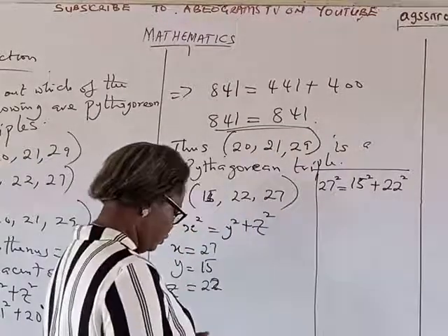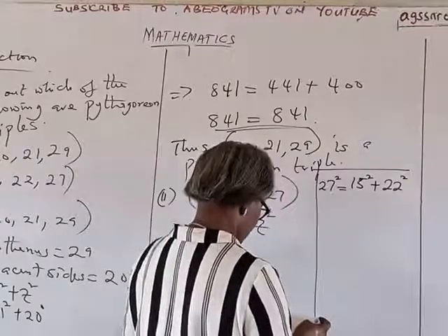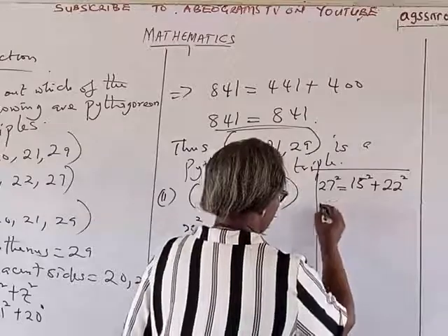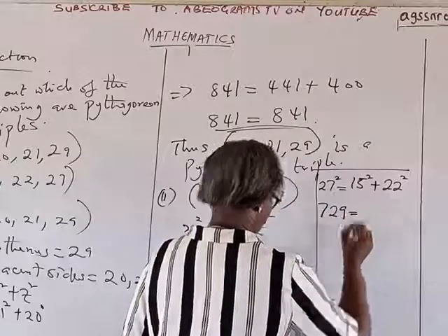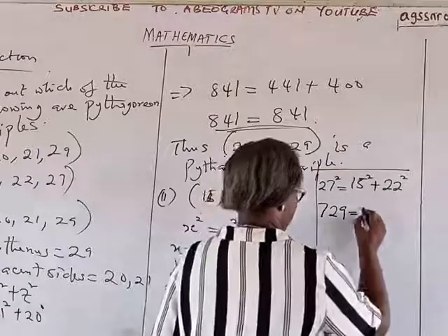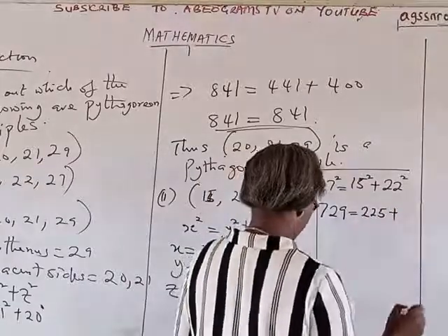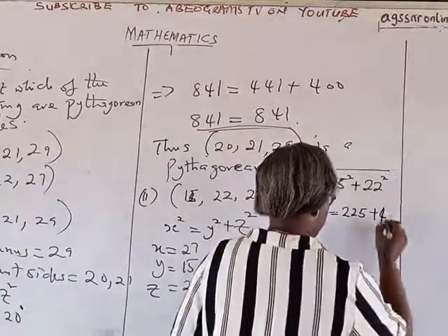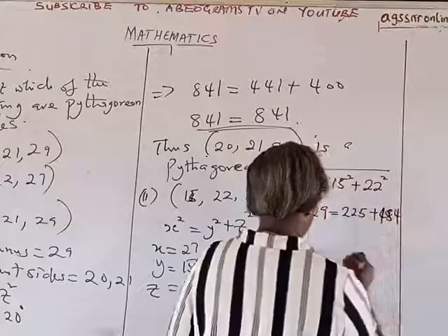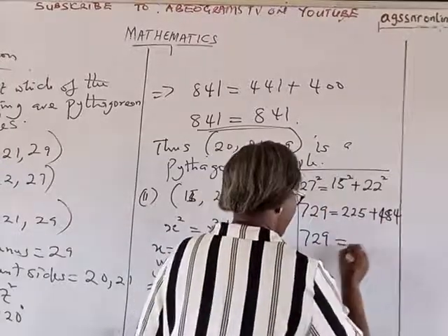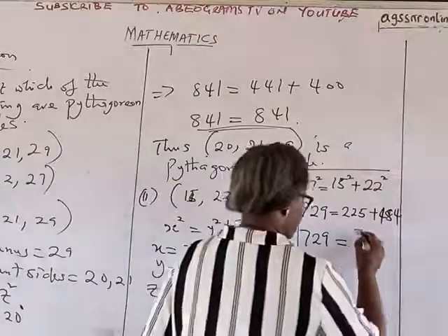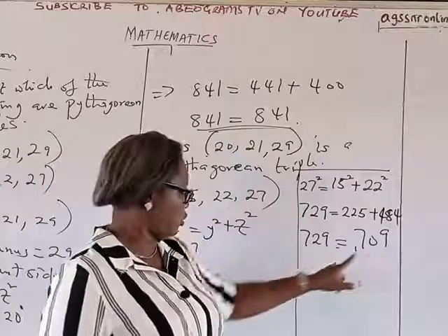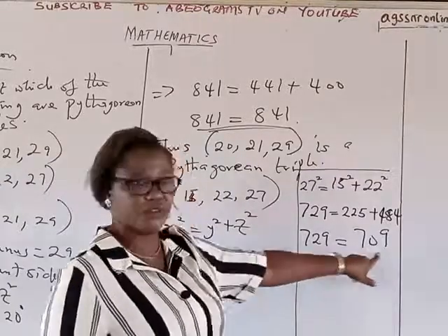And so our 27 squared gives us 729, which is equal to our 15 squared, 225, plus our 22 squared, that is 484. Now if we add these two together, it gives us 709. So we can see that this statement is false, because 729 is not equal to 709.